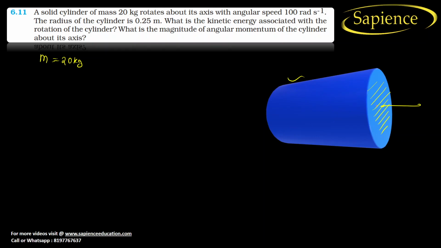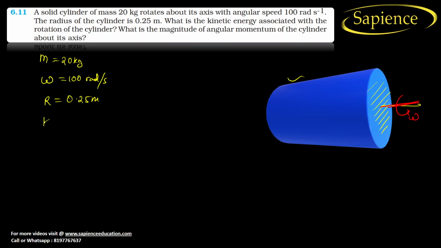Let us consider this is the axis about which it is being rotated with omega. The value of omega is 100 radian per second, and the radius of the cylinder R is 0.25 meter. What is the kinetic energy associated with the rotation of the cylinder?